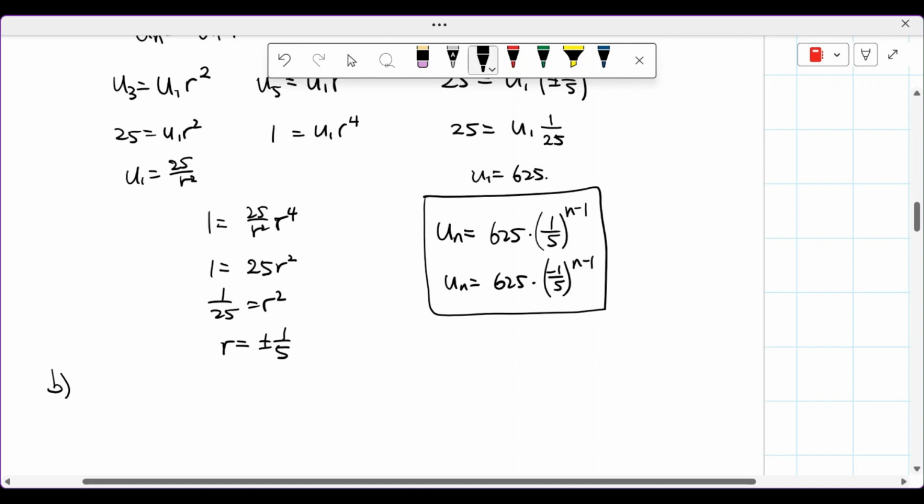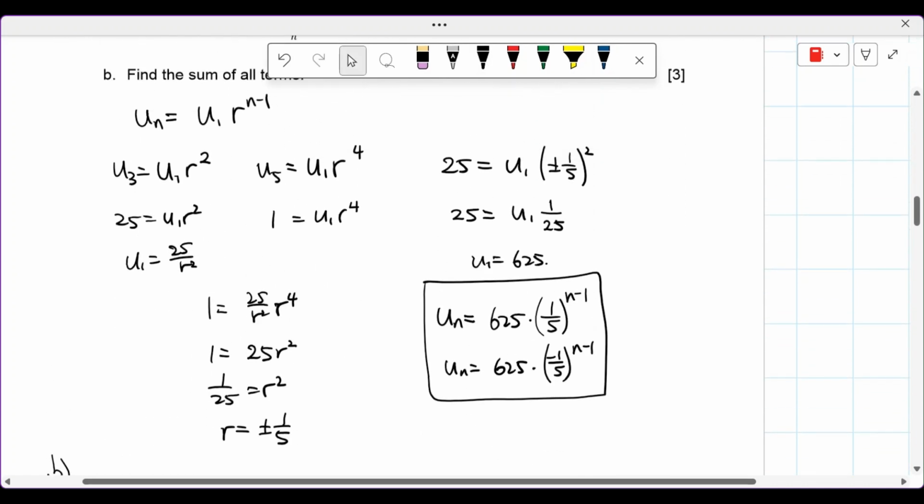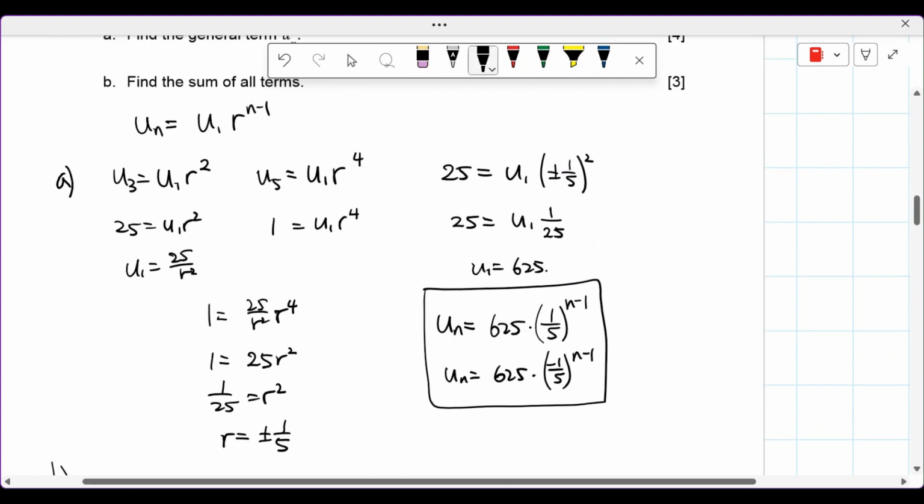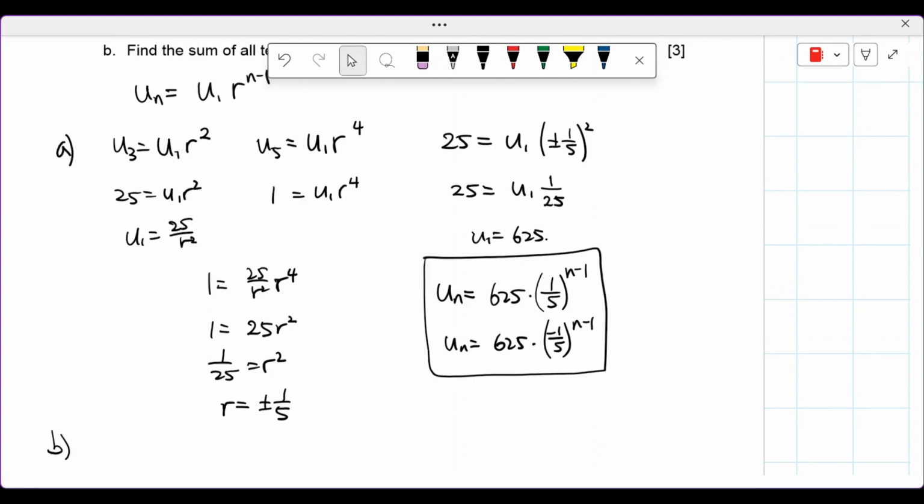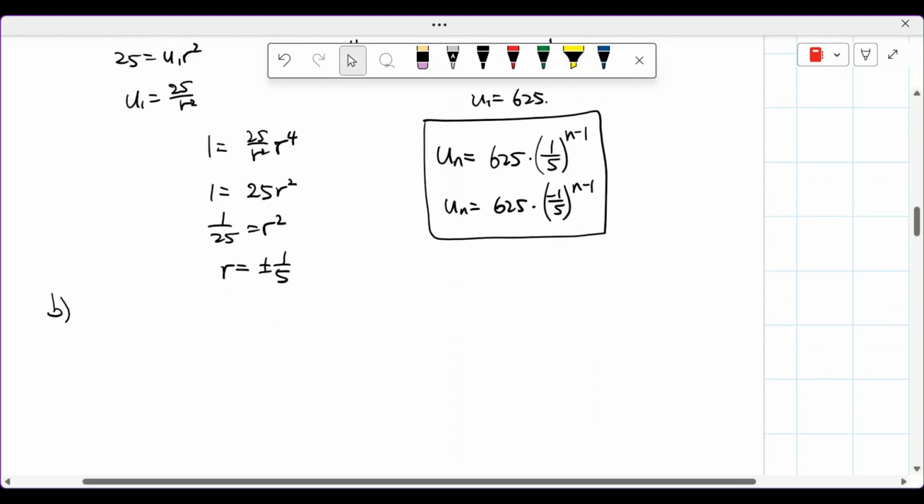In each case, let's find the sum of all terms. So I know that finding the sum of all terms is possible because my common ratio in both cases is less than 1 and greater than negative 1. So using the formula, it's either going to be 625 divided by 1 minus 1 over 5.